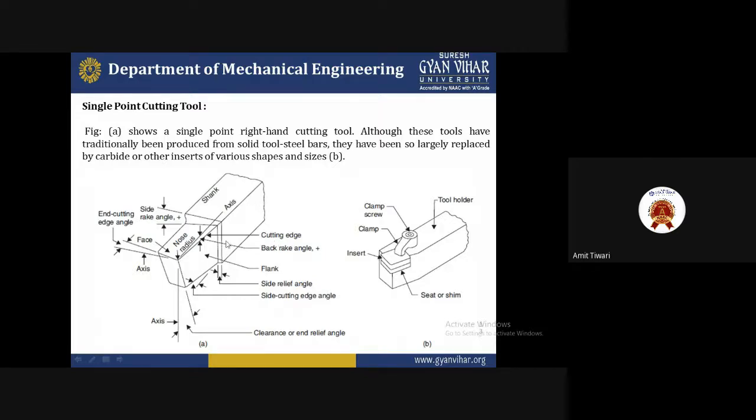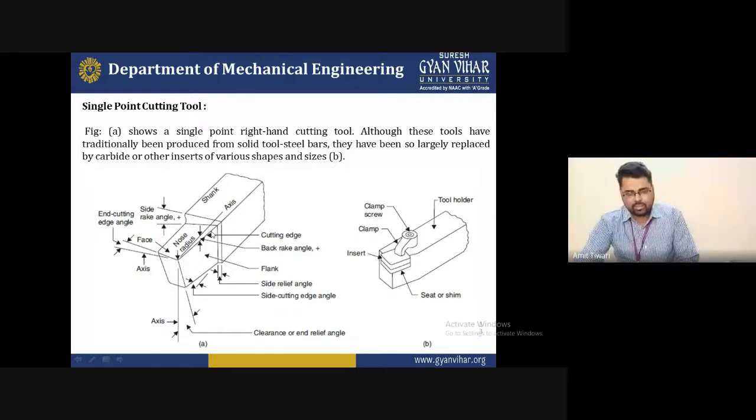You can see here this is the cutting edge. This line indicates the cutting edge, with the help of which you will be able to remove the material from the work surface. Below it you can see this is the flank section. The flank is used when you are applying the feed rate; the metal is removed in the direction of the feed rate, and with the help of the flank we prevent the material of the tool from damage.